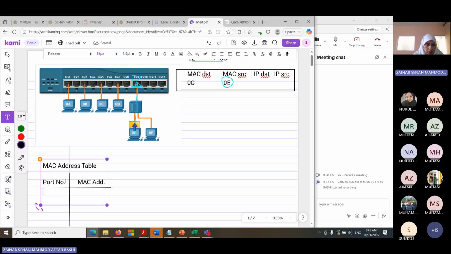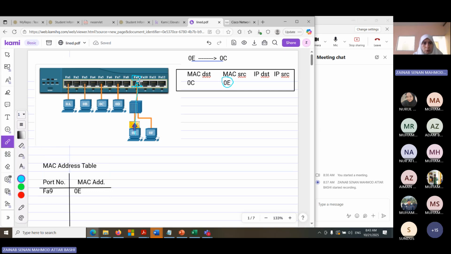So it will register that FA, Fast Ethernet 9, that port, is connected to a computer with the MAC address 0E. This information will be saved. Maybe at this moment we will not use it, but it will be useful later. What will happen next is, do we have the destination 0C in the table? No, it's not there. So the switch simply doesn't know where to send it.